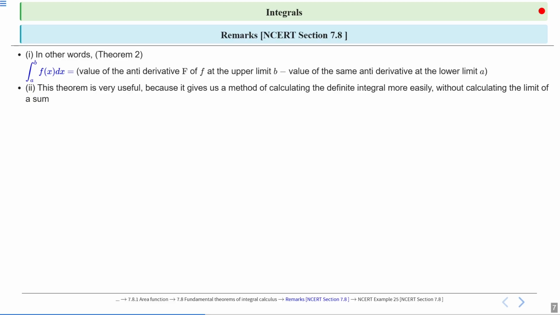We can directly calculate it by finding the antiderivative and then its value at the upper limit and lower limit. So calculating the definite integral is easier by using the second fundamental theorem of integral calculus.